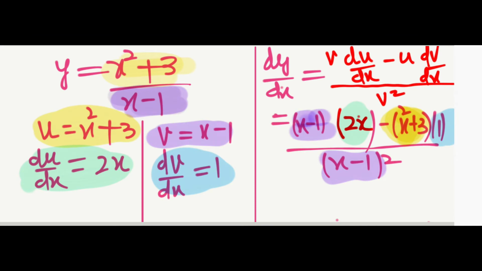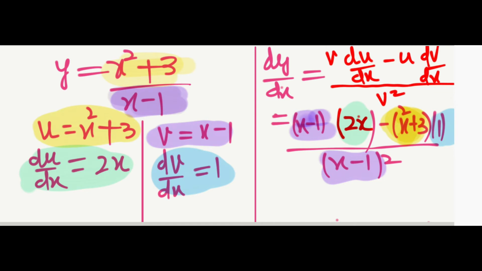These colors will help you to differentiate easily. Now come to the formula. The formula was dy by dx equals v into derivative of u with respect to x minus u into derivative of v with respect to x upon, in the denominator, v square.